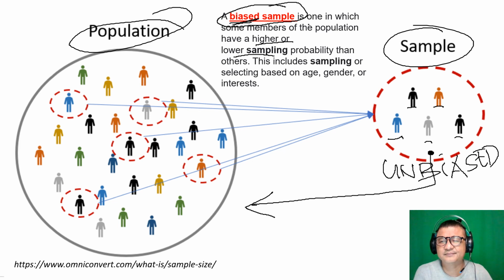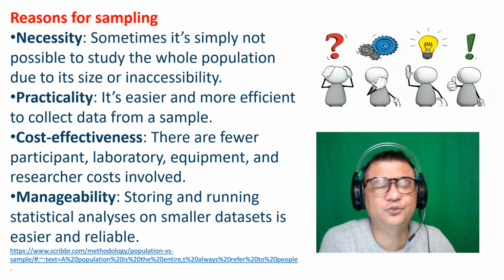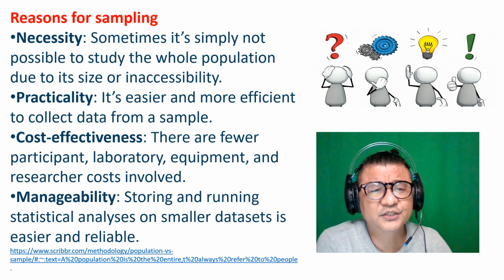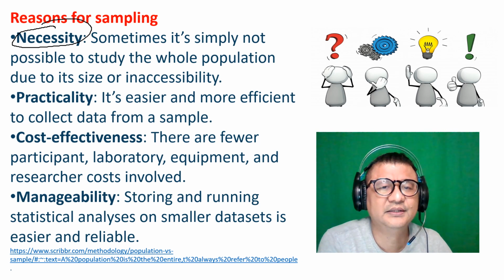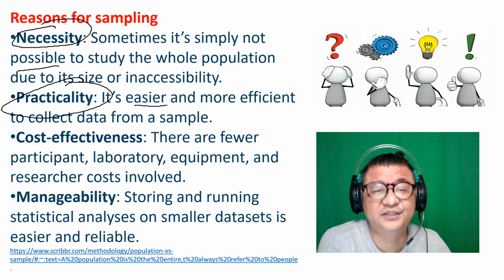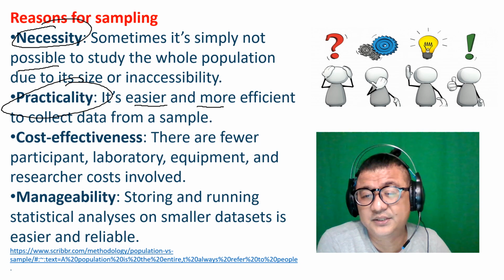Now, reasons for sampling. Why do we need to do sampling? Why not interview the whole people so it's more reliable? No, because it's a necessity. It's simply not possible to do the whole population. Practicality, it's easier, more efficient to collect data. I will not collect 1,000 or 1,000,000 data, I'll just get 100.